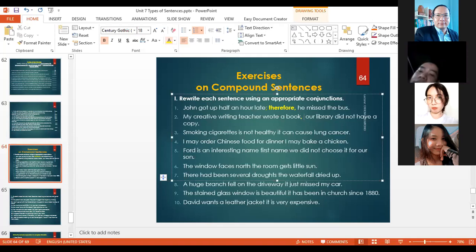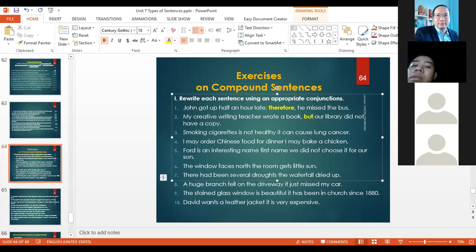Fanboy again, fanboy. For? Our library did not have. But. Yeah. But, teacher, but. Okay, but. Not for, because it does not fit here. Okay, so if you use but we need one comma, right? And a conjunctive adverb that means the same as but. However. Yeah.